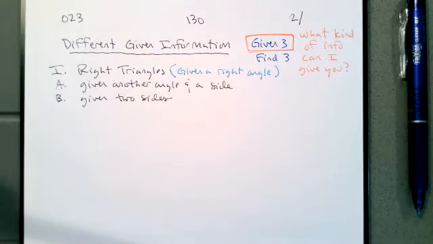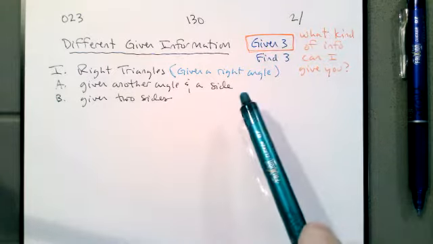The sides may or may not be the hypotenuse. It could just be the opposite and the adjacent, or the opposite and the hypotenuse, or the adjacent and the hypotenuse, or I think I got them all. So the side that you're given may or may not be the hypotenuse. It doesn't have to be.